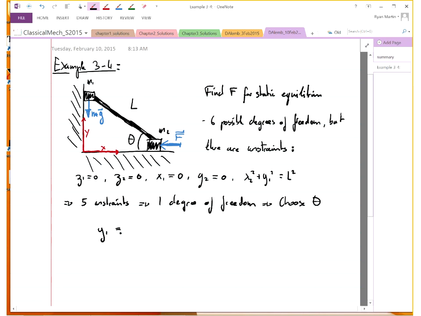So the y1 position in terms of theta is going to be L sine theta. And for the mass M2, we only care about x, and so the x position of mass M2 will be L cos theta.